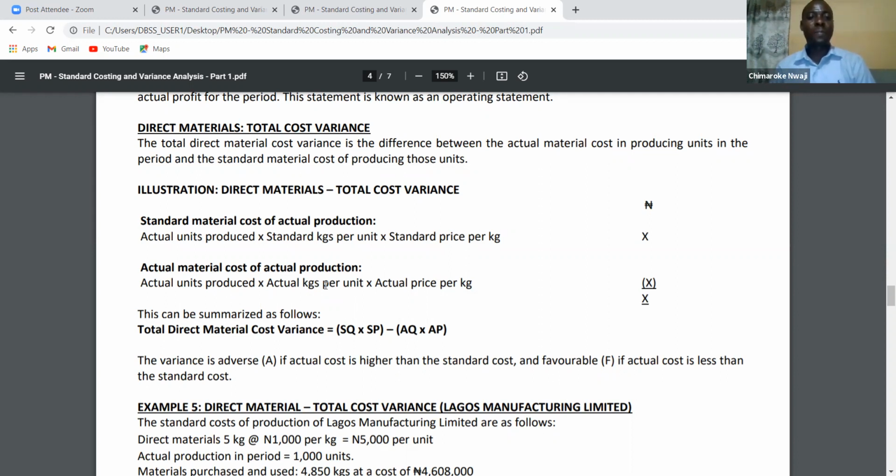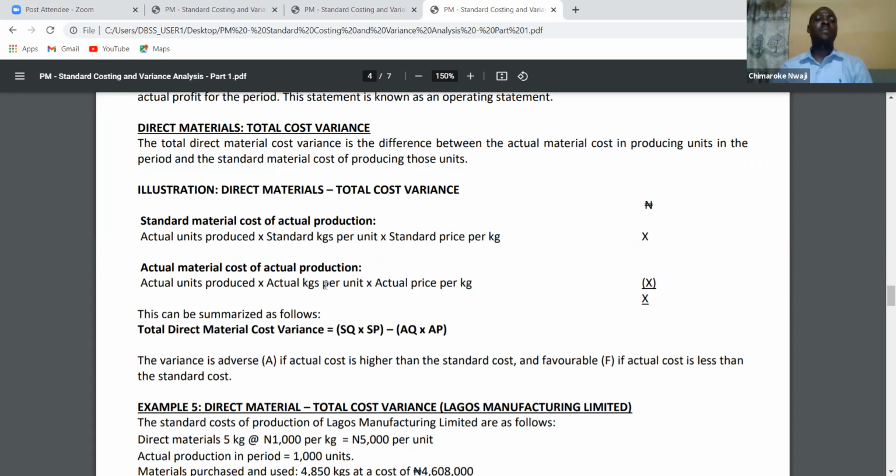All right, so your standard material of actual production, what does it mean? The actual units produced, not the standard now, the actual units produced multiplied by the standard quantity for one unit multiplied by the standard price. That will give you a figure.